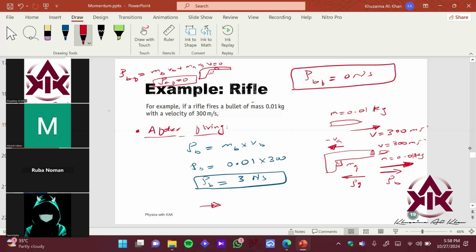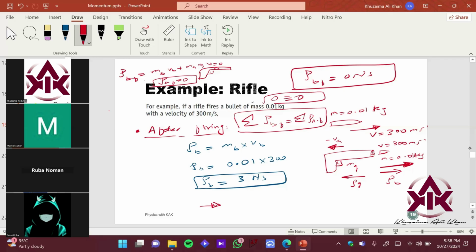Now, to make sure that the principle of conservation of momentum is correct, it says the sum of momentum before firing should be equal to the sum of momentum after firing, right? So the left side is 0. You want to make sure that the right side also comes out to be 0.